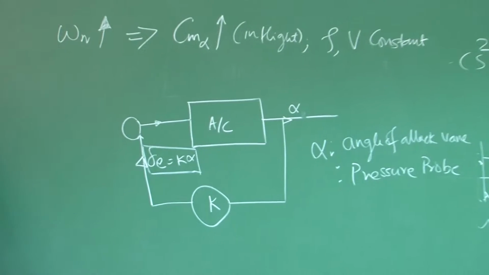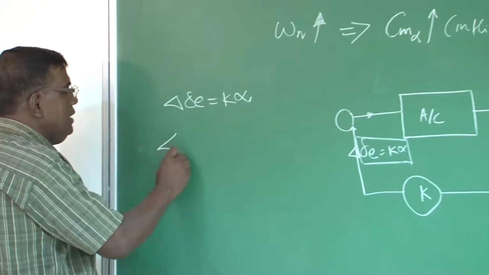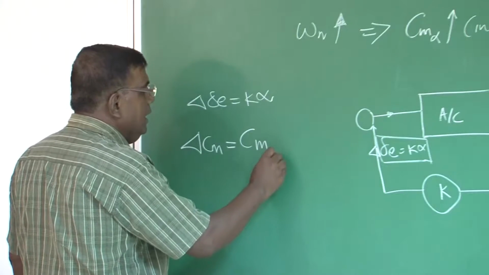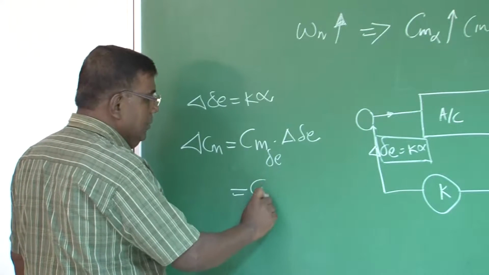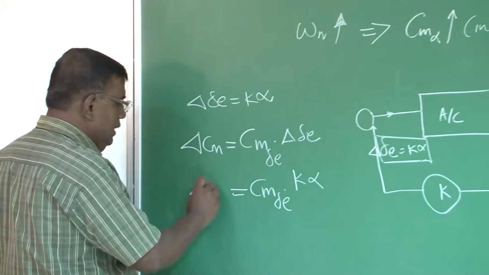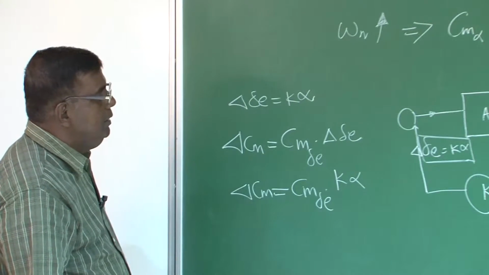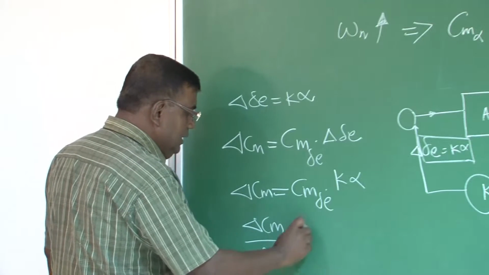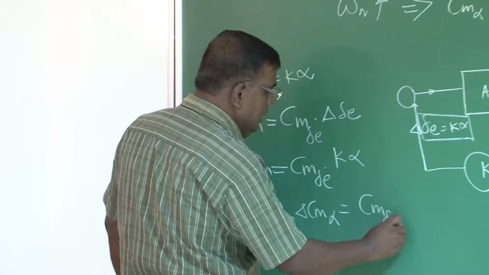Because of this delta E, which is given as k alpha, what is the delta Cm we are introducing in the airplane? That you know, Cm delta E into delta E, which will be equal to Cm delta E into k alpha. So this is delta Cm introduced by giving delta E equal to k alpha, and then from here delta Cm by alpha, which is delta Cm alpha, which is nothing but Cm delta E into k.